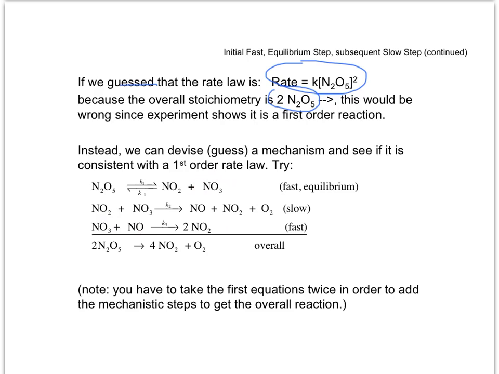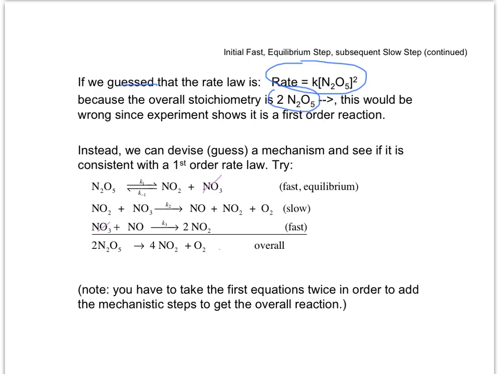All right, so what are the intermediates in this reaction? You just look at the overall and notice that the NO3 is not in the overall, so that cancels out. And also there's a note here at the bottom. You have to take the first equation twice in order to add the mechanistic steps to get the overall reaction.